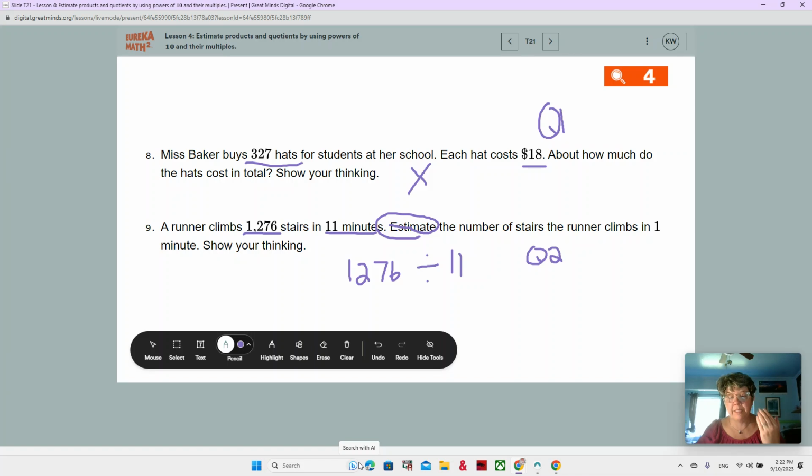You want to make sure you're rounding appropriately, and there can be more than one correct estimate. Okay. We can round with the power of 10 or a multiple of a power of 10, like multiplying or dividing by 10, 100, 1000, or any other power of 10, because it makes it easier, right? We're trying to make it easier. That's why we're estimating.